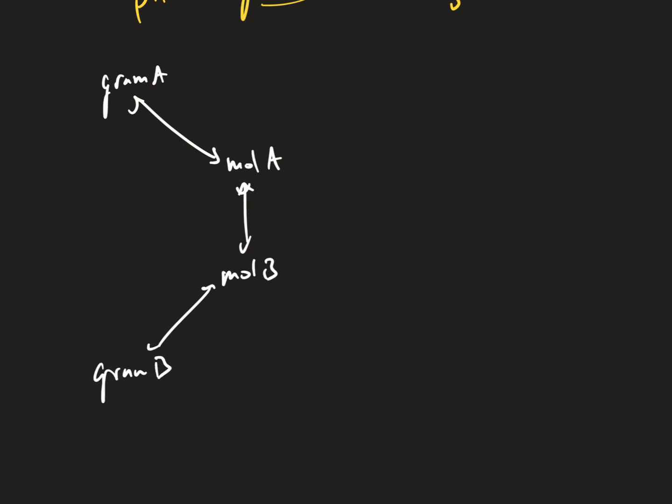So let's see. We have grams of A going to moles of A. Remember this? Moles of B, grams of B. And we can kind of make, so this one goes to particles, right?